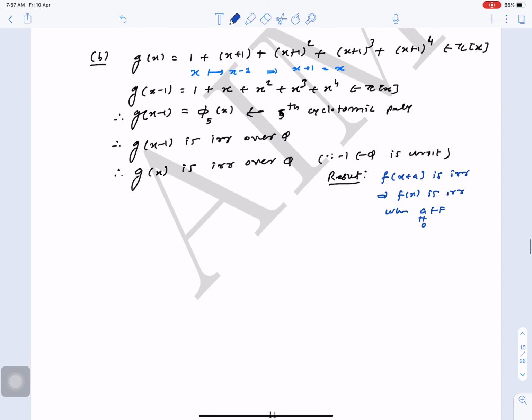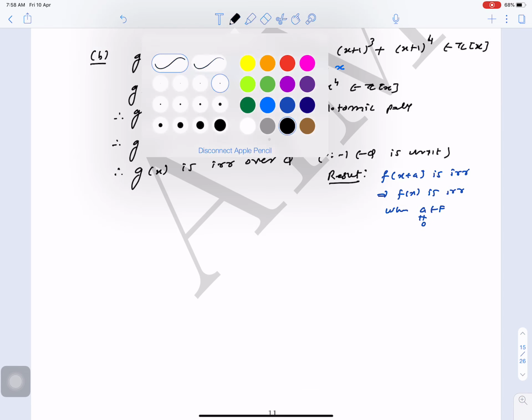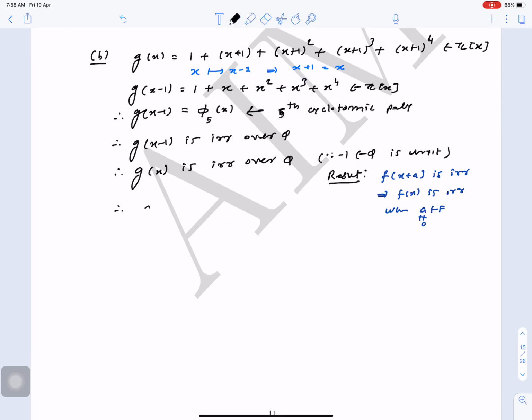So we know this result. Therefore g(x) is irreducible over Q. Therefore g(x) is irreducible over Z because g(x) is a monic polynomial.